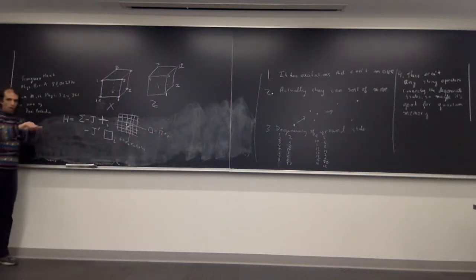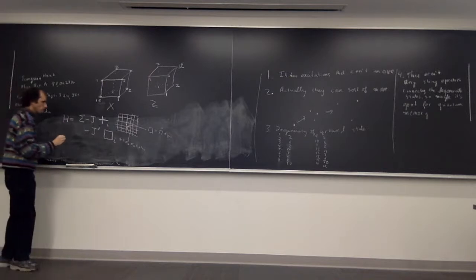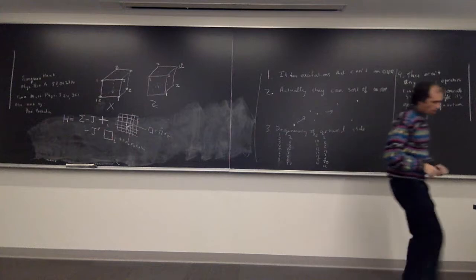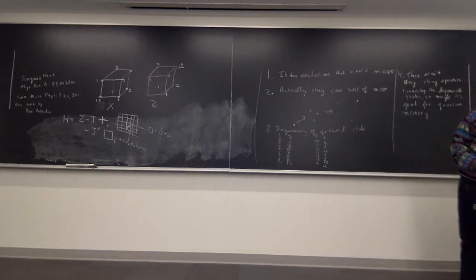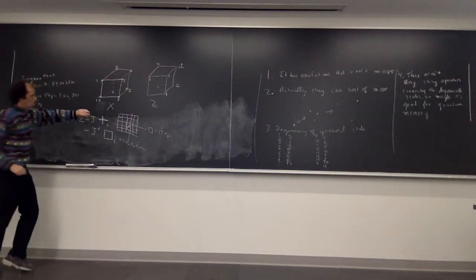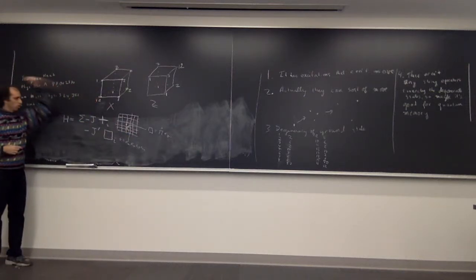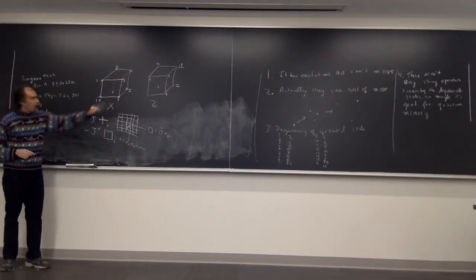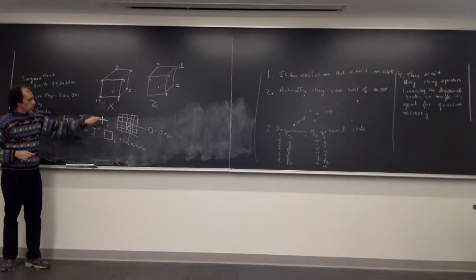And I'm only taking the horizontal vertices and horizontal squares, so there's no interaction between different layers. So, what do I want to say? So just like in this model, let's try to understand this. If you know the toric code, you'll know all of this, but I just want to review it. Each layer is independent, and these terms all commute with each other.